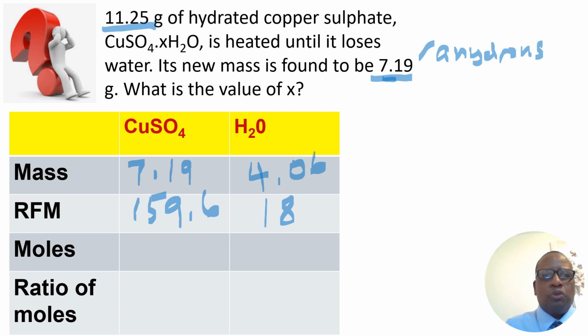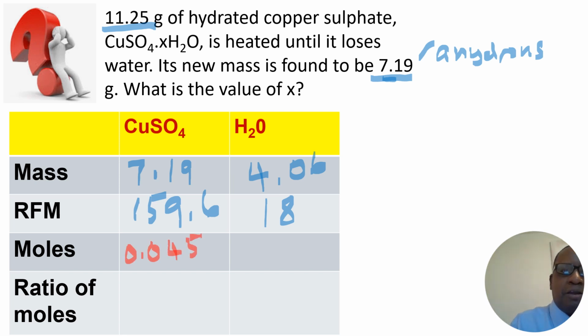Now to work out the moles is mass divided by RFM. So for copper sulfate it's 7.19 divided by 159.6, which is equal to, I'm getting 0.0450. To get the moles of water it's 4.06 divided by 18. I am getting 0.226.